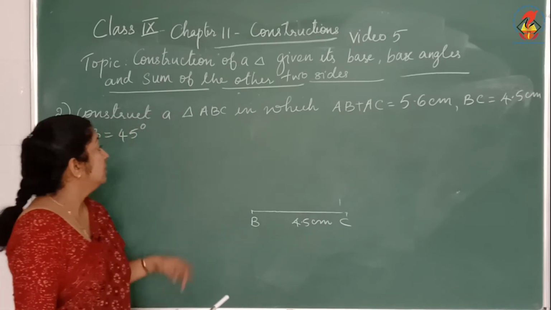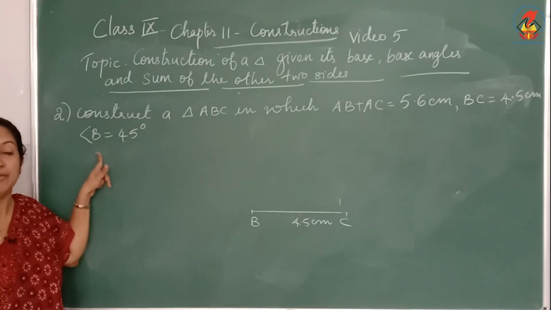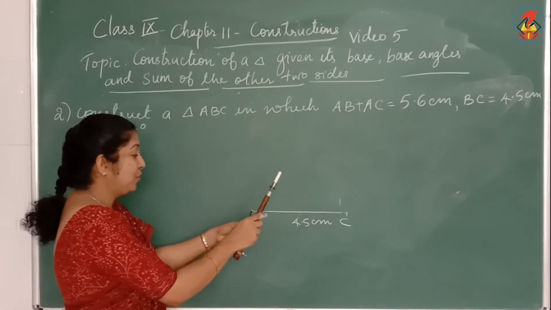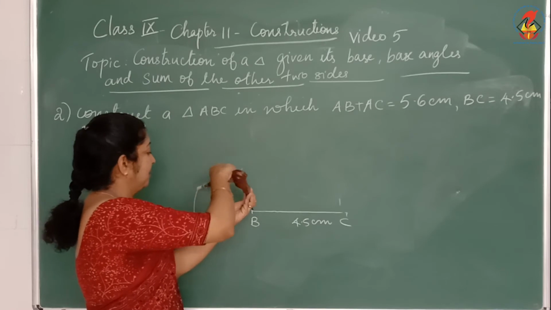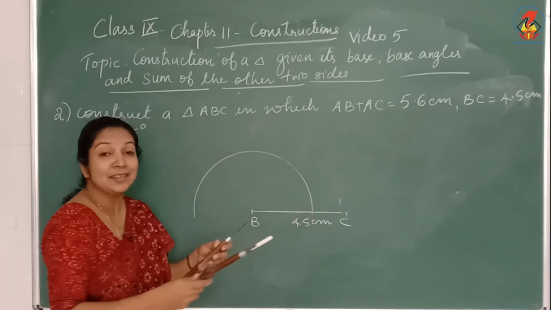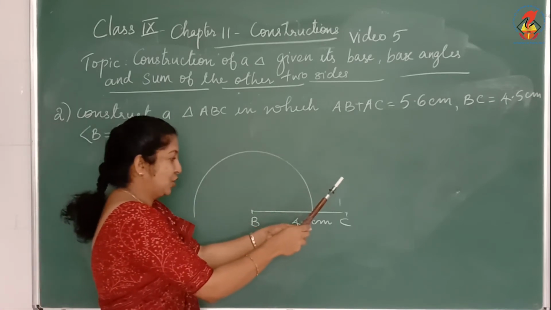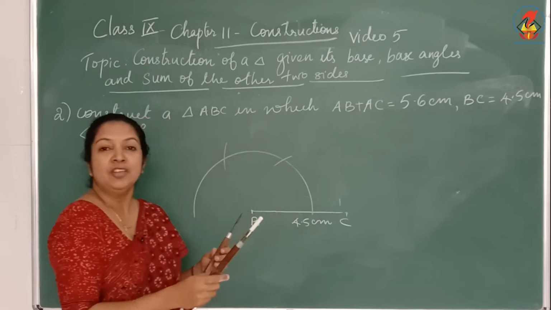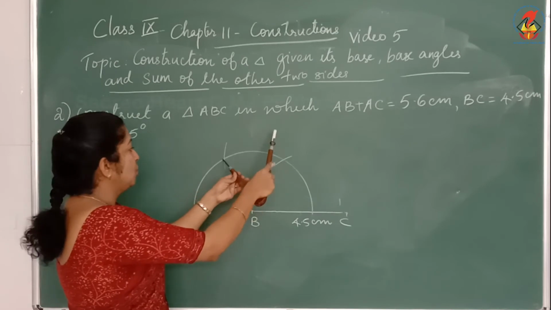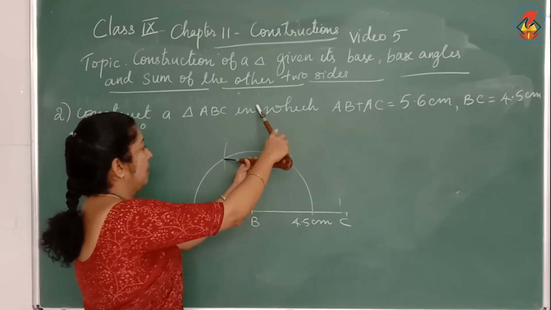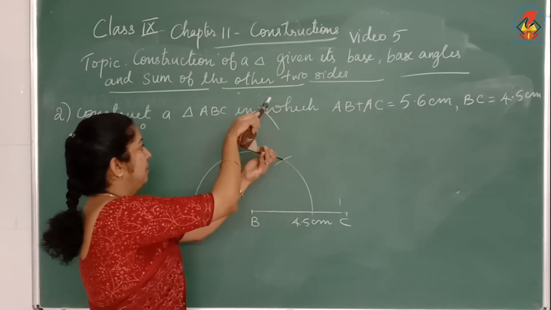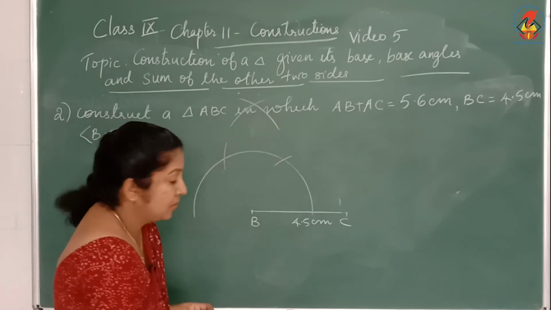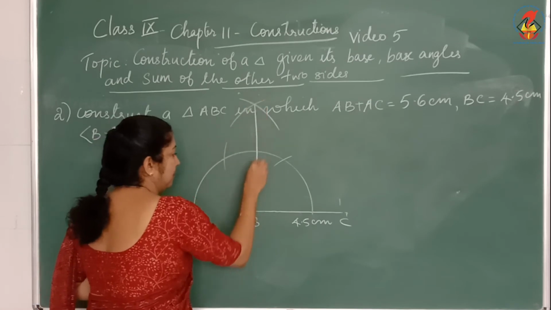Then what we need? Angle B is equal to 45 degree we need. So you know how to construct 45. What do you have to do? First we need 60. Then 120. Then take the bisector of these two. So this makes 90 degree here.